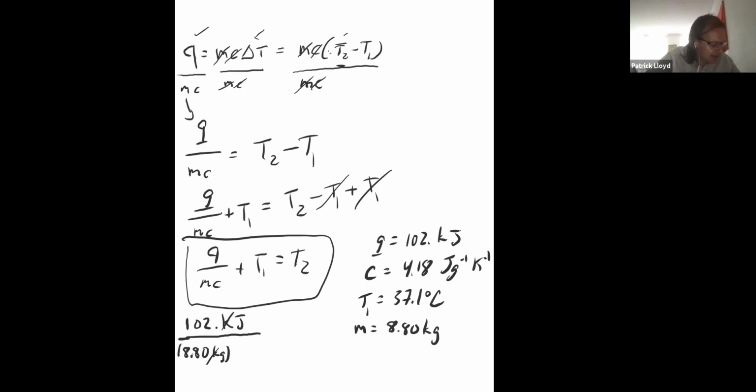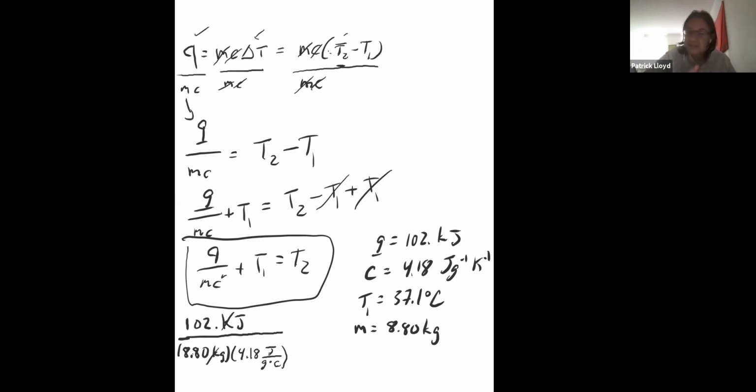And then you have to divide that by the specific heat capacity, which is 4.18 joules divided by grams degrees C. See how I put it in grams degrees C, even though they put it in joules per gram Kelvin?